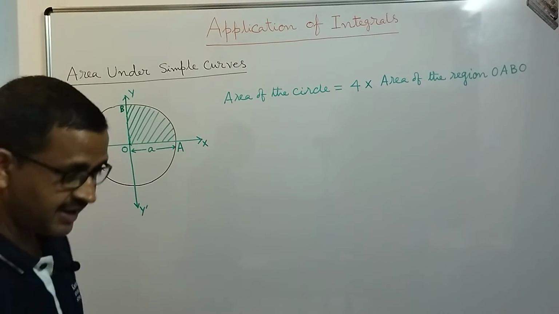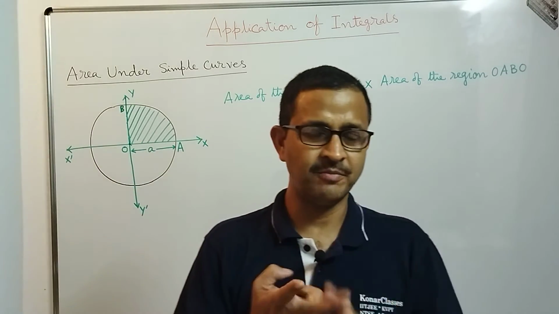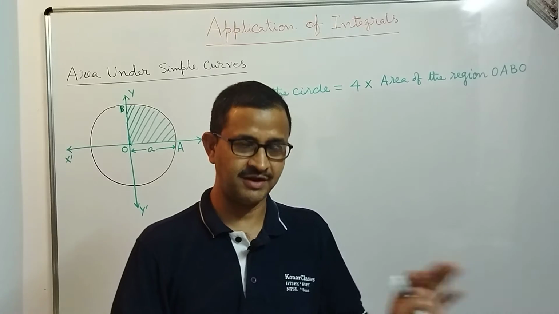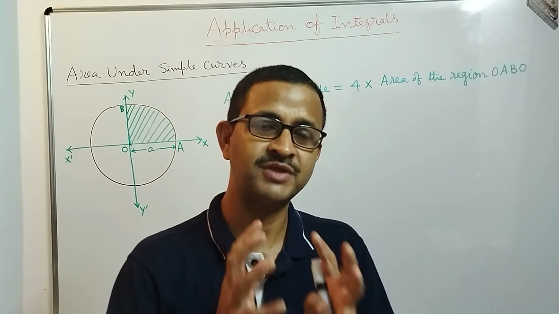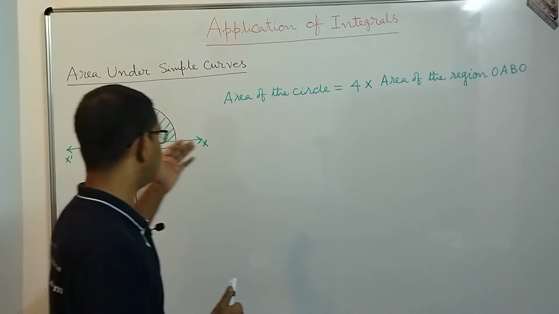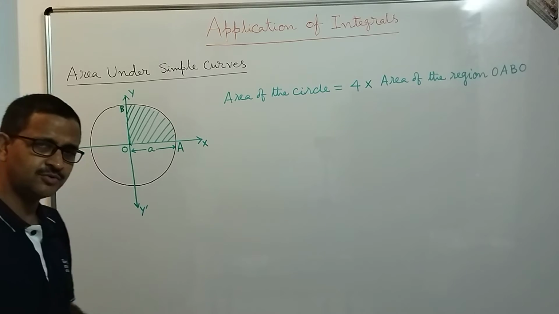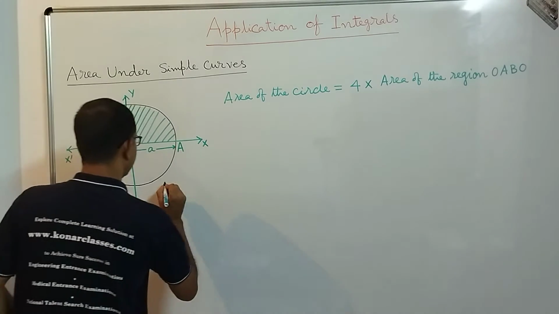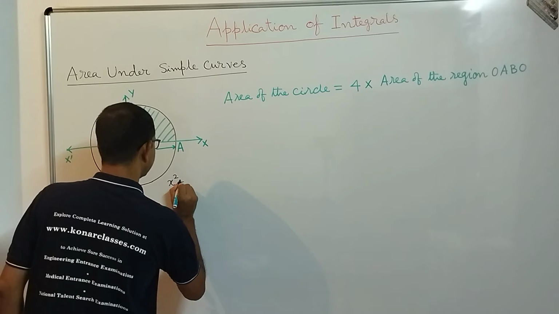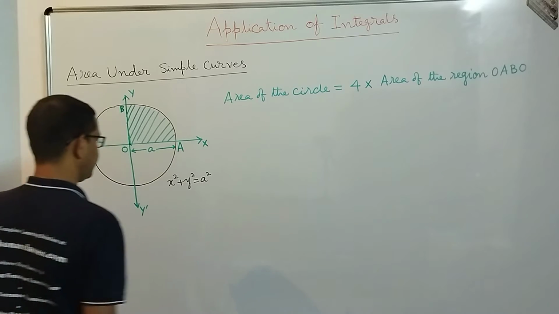Now dear students, as I said, you need to have two understandings. One is the computation of the definite integral, that we will see after a few minutes, and another one is how to form the equation of the curve. In this case the curve is a circle. So what is the equation of a circle, dear students, with center at the origin and radius a? We know it is x square plus y square equal to a square, correct?